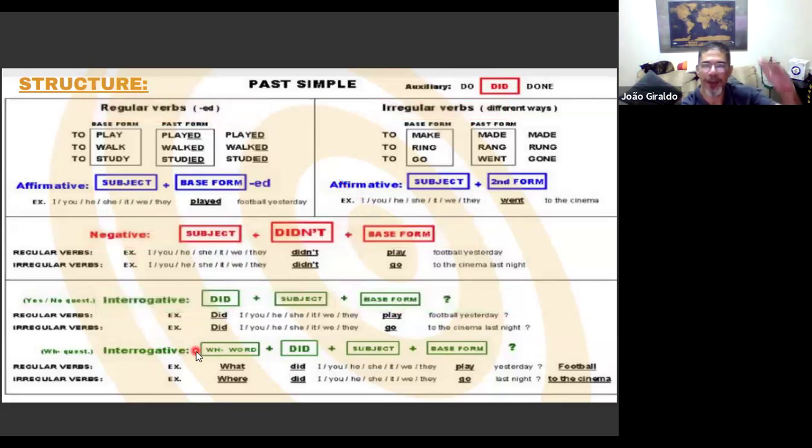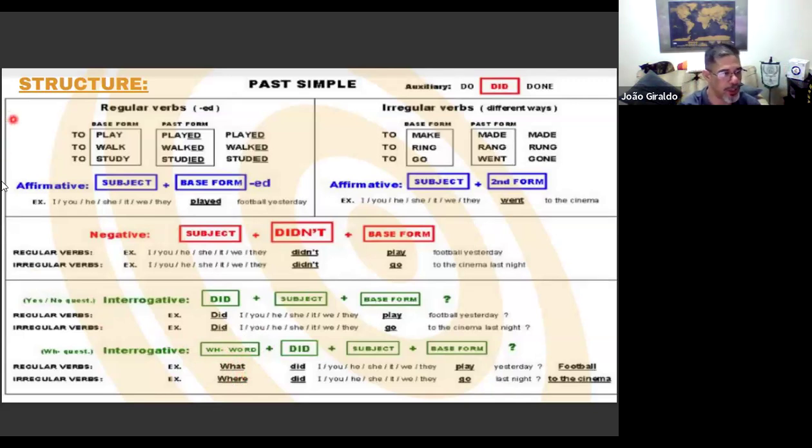Continuing here, if in your sentence you have a WH word or question word, you start the sentence with the WH, you repeat the auxiliary verb and the rest of the order is equal to the interrogative structure. So for example, what did you play yesterday?